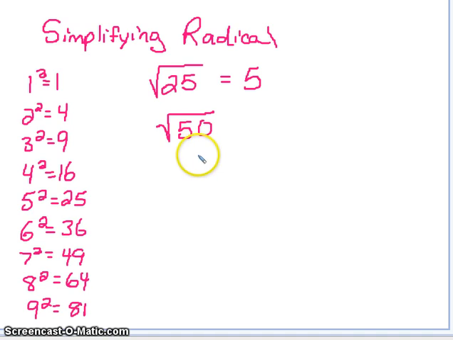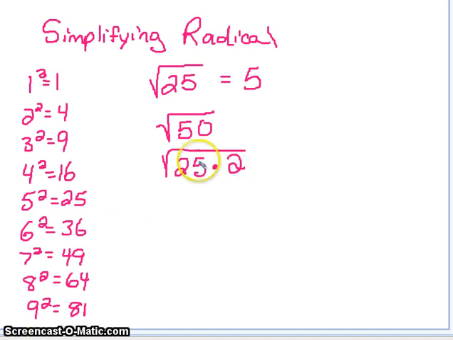The first question you're always going to ask yourself when you're trying to simplify a radical is: is it divisible by one of these numbers? Obviously 50 is divisible by 25. I always put that first: 25 times 2.